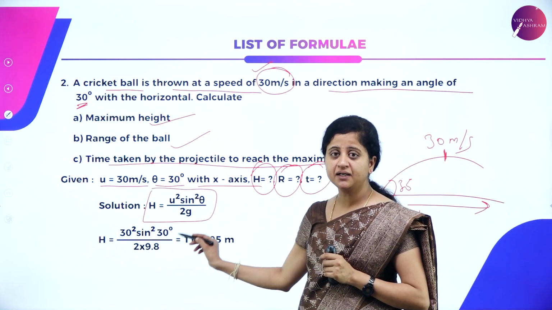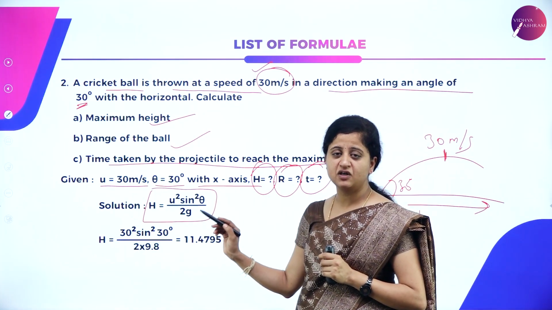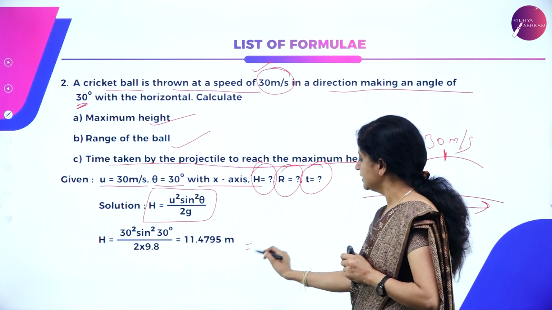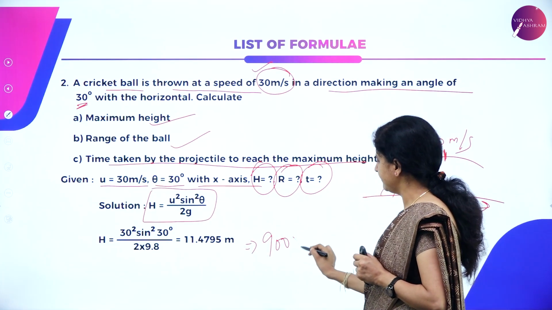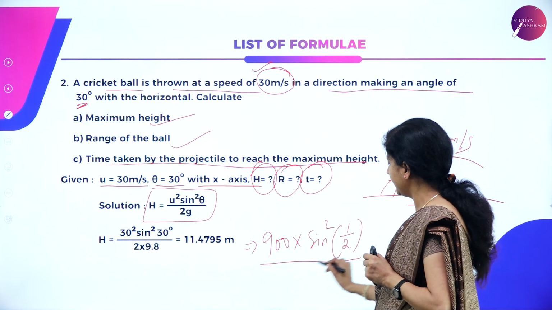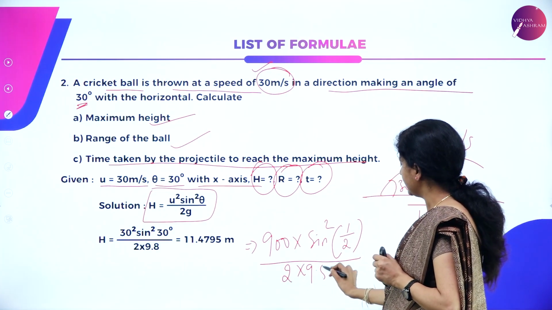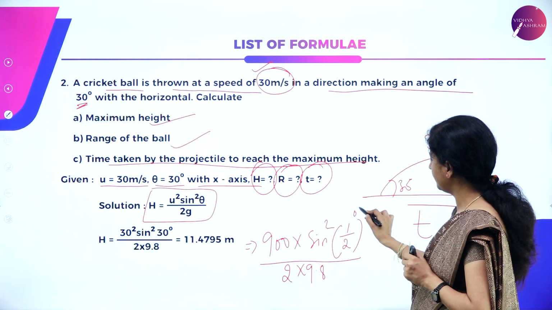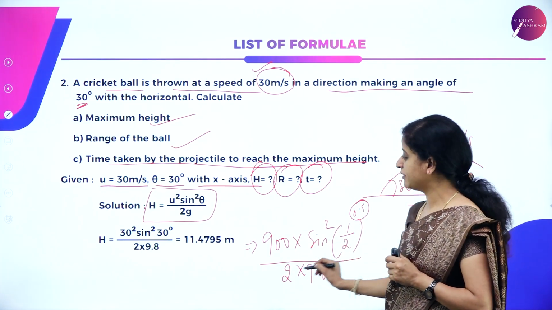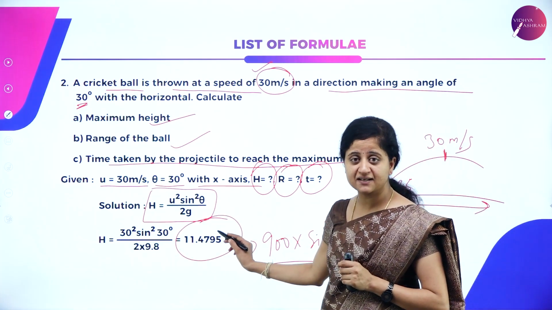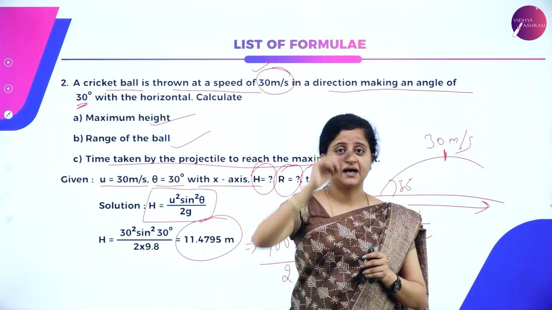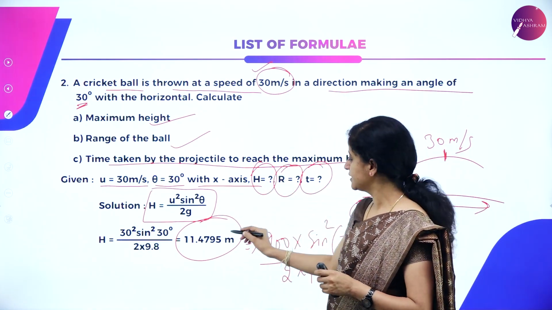Sin 30 is nothing but 1 by 2, which is 0.5. 30 square is 900 and sin square 30 is 0.5 the whole square, so 0.5 square into 900 divided by 2 into 9.8. We will get the answer as 11.4795 meter. Since we are calculating the height, we have to write the unit meter.